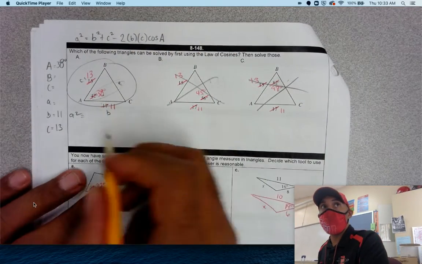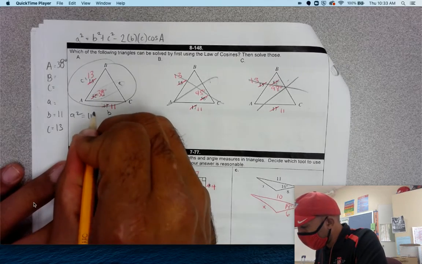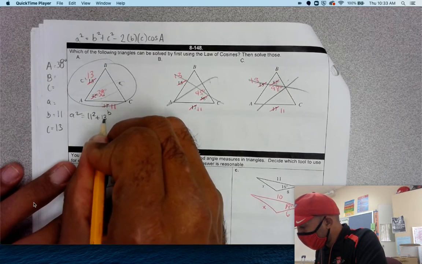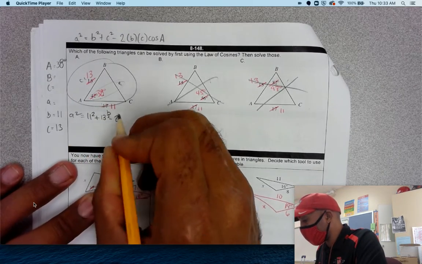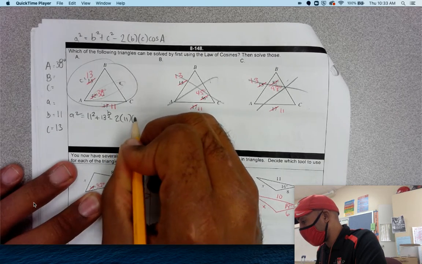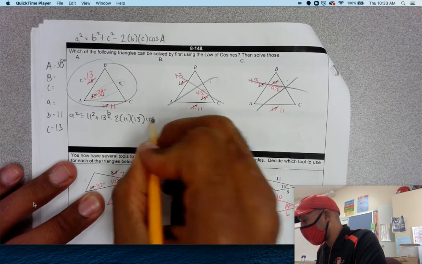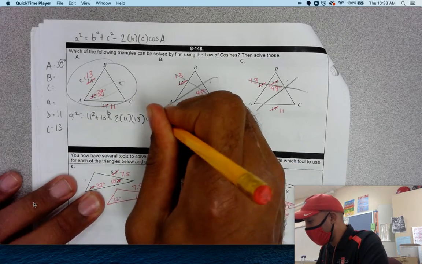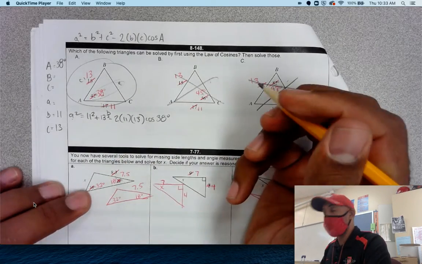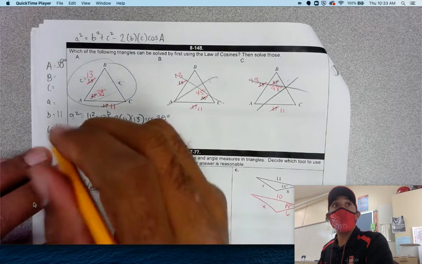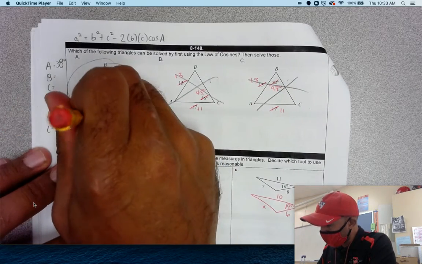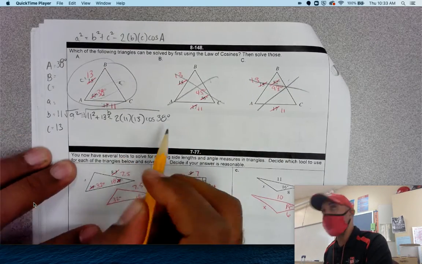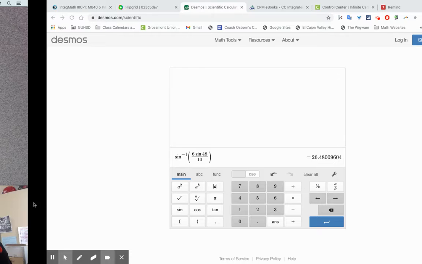So let's just plug it all in. B squared, 11 squared, C squared is 13 squared, minus 2 times those same sides, 2 times 11 and 13, and then times cosine of the angle that's across from A, which is 38. Now, the nice thing about setting up law of cosines when you're looking for a side is that I can just simply square root both sides and then plug all of that into Desmos.